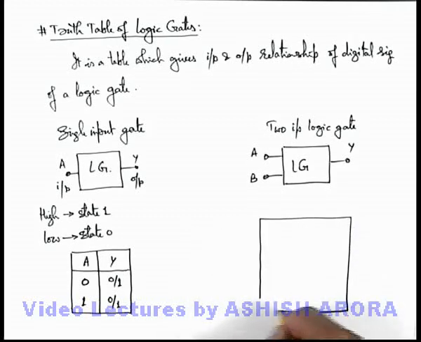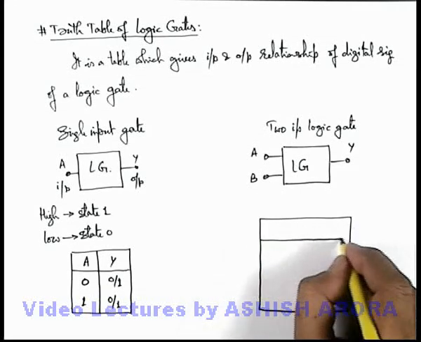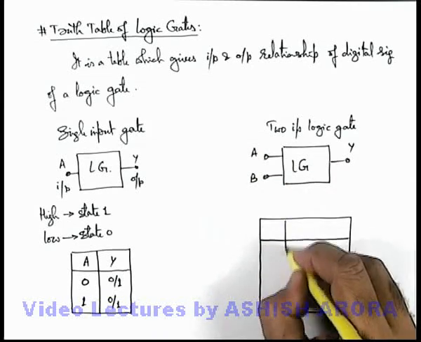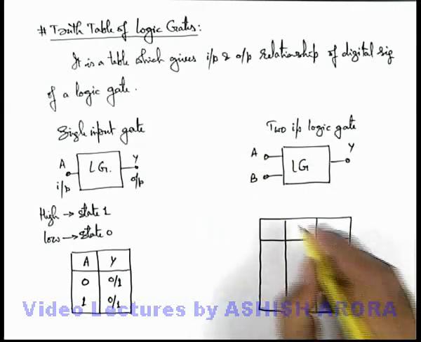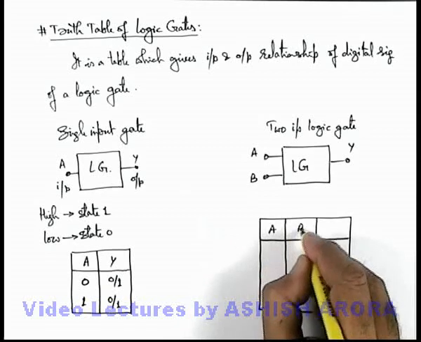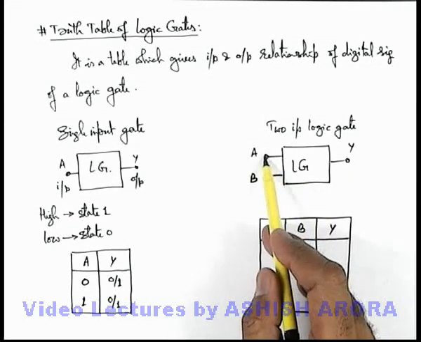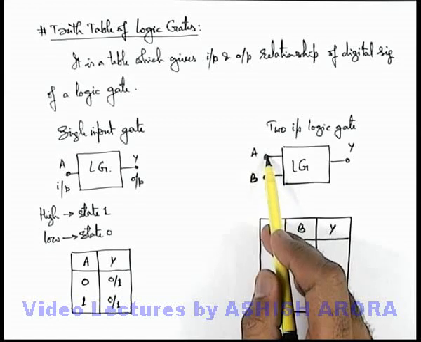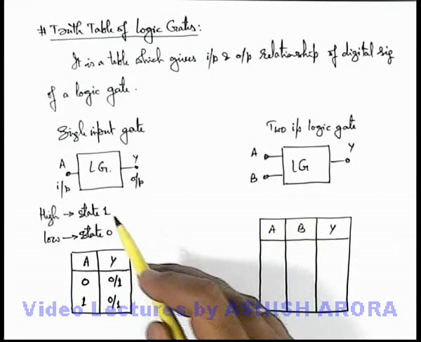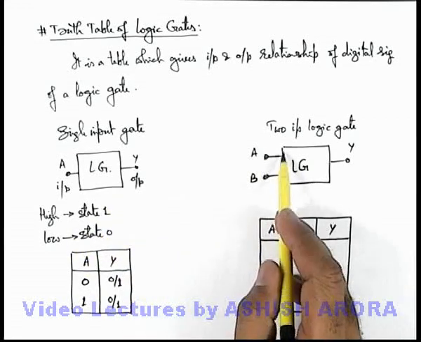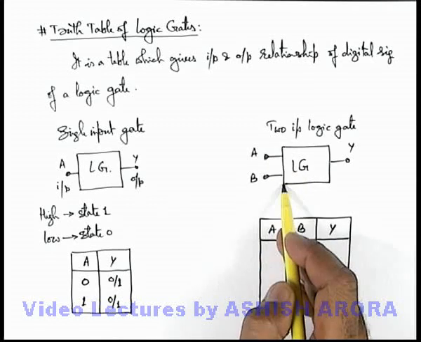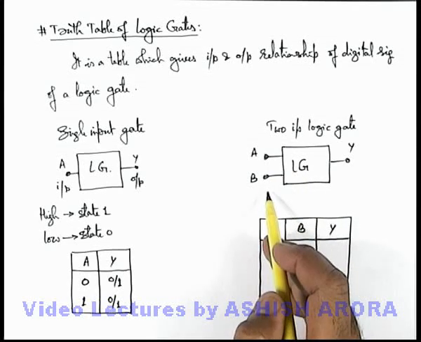Again it will be a table, but as there are overall three terminals, there will be three columns in the table. Two will be for the inputs and one for the output. Now A and B can take up either 0 voltage or 1 voltage, corresponding to the low and high voltages used in the digital signals applied at A and B.